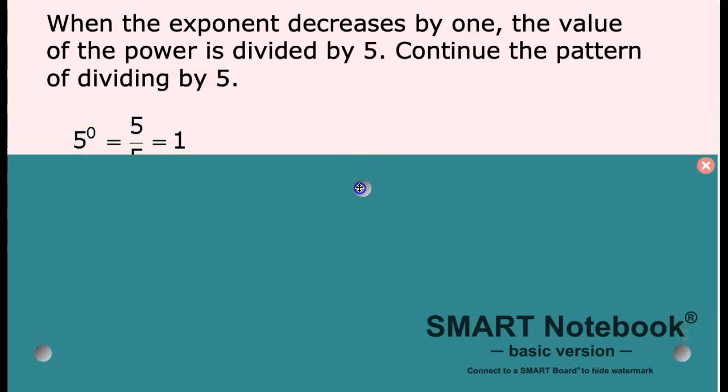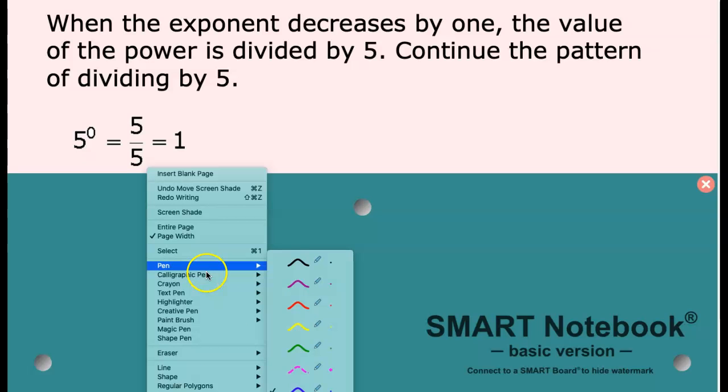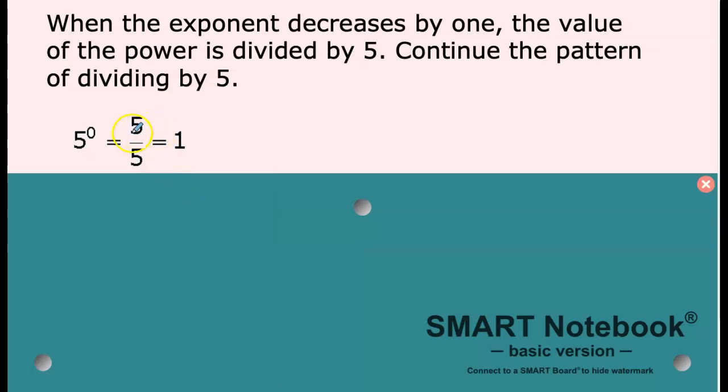So let's take a look at 5 to the 0 power. We had 5 from 5 to the 1st. We're going to divide by 5 and we get 1. Now this is really important because any number to the 0 power is going to give you 1. Any base to the 0 power gives you 1.